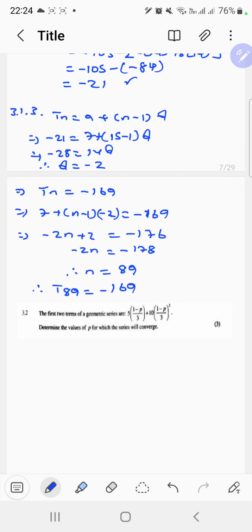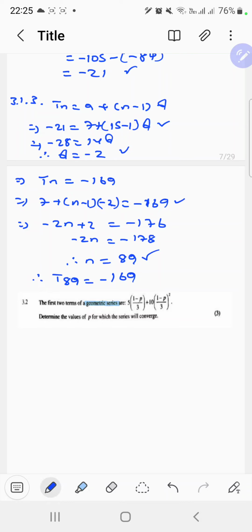So 3.2 says the first two terms of a geometric series are these ones. So we're already told what we're dealing with. Now it says determine the values of p for which the series will converge. So we know that for a convergent series our r needs to be between 1 and minus 1.